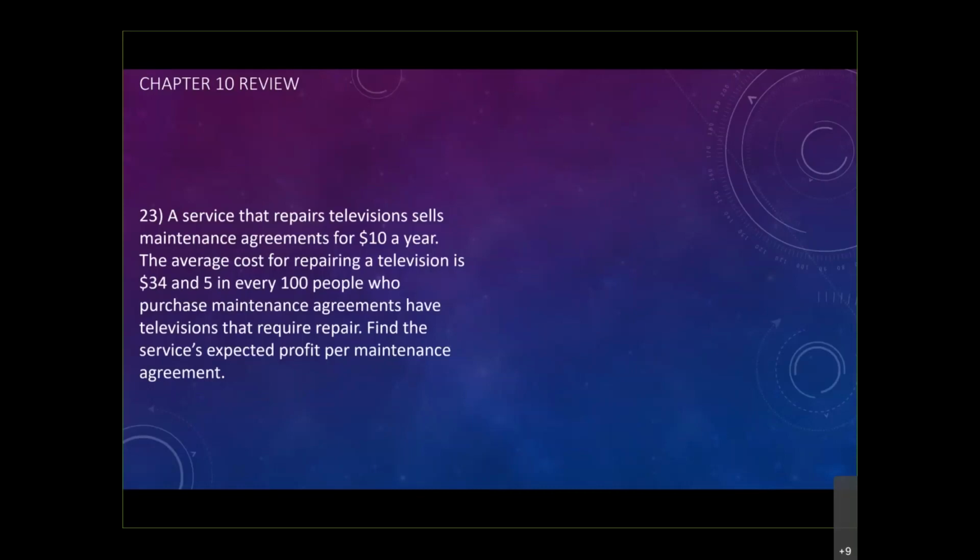Find the service's expected profit per maintenance agreement. So look at this thing here. What are they giving us, right? We are looking for the maintenance agreement, right? So do you agree that they gain $10 per agreement?